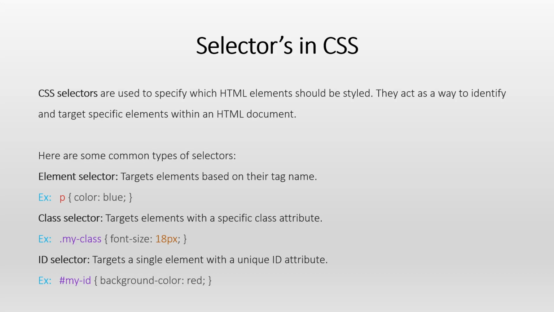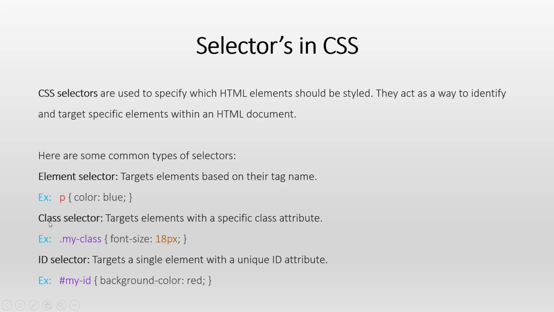With the help of the tag name, if I have a paragraph tag, I will use P. If I want to style H1, I will write H1. If I want to style div, I will use div. So we use their HTML tag names to style them.